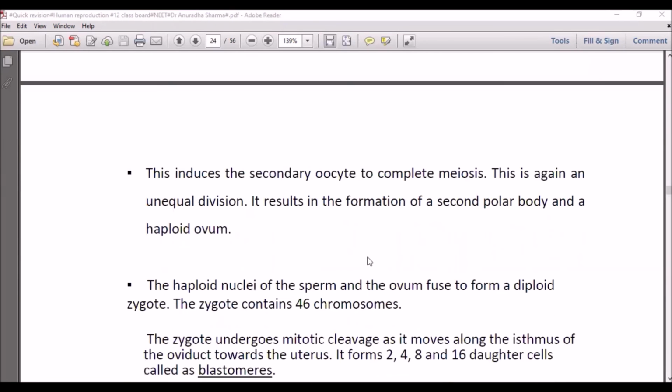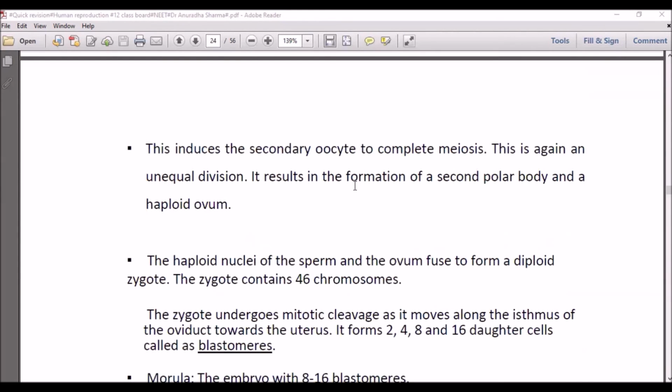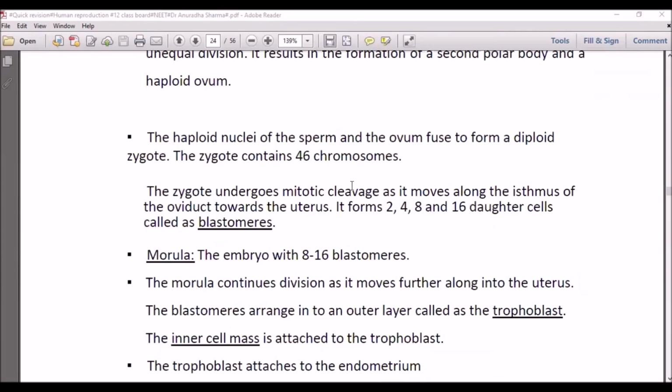Now this also induces the secondary oocyte to complete meiosis, and again the unequal divisions occur. We know that sperm is haploid and ovum is also haploid. So they fuse to form the zygote, and this zygote is diploid. It contains 46 chromosomes.